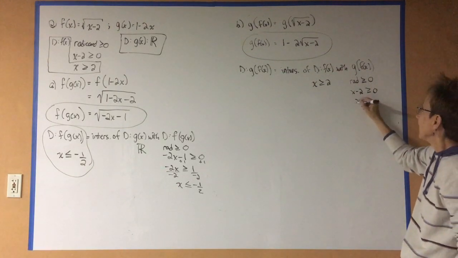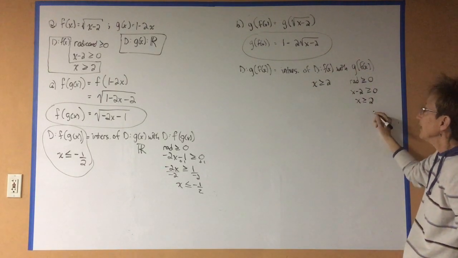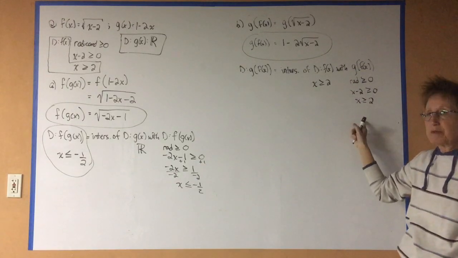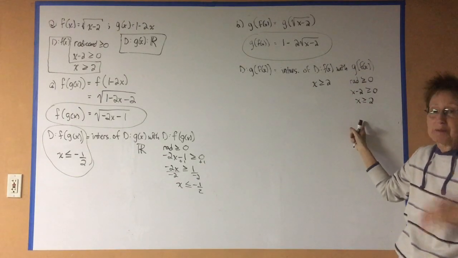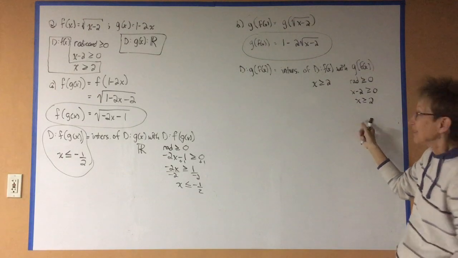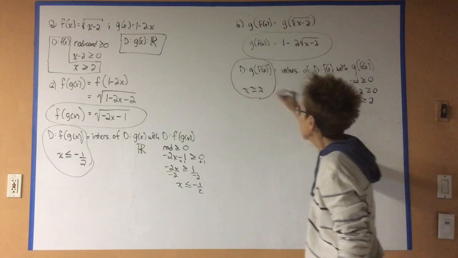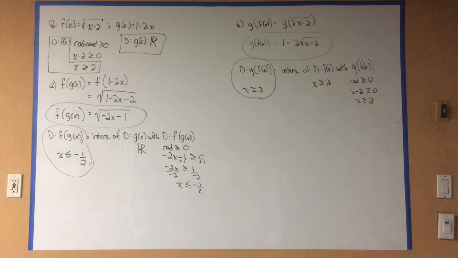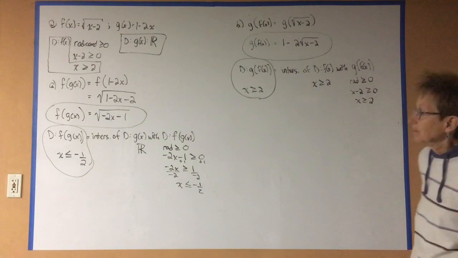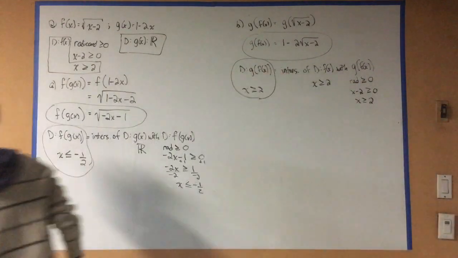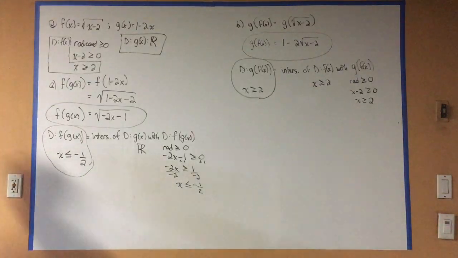This is the same thing, x greater than or equal to 2, right? So if I intersect x greater than or equal to 2 with x greater than or equal to 2, I'm going to get x is greater than or equal to 2. So my domain for the composite function is x greater than or equal to 2. So there's one more example here that we need to take a look at.